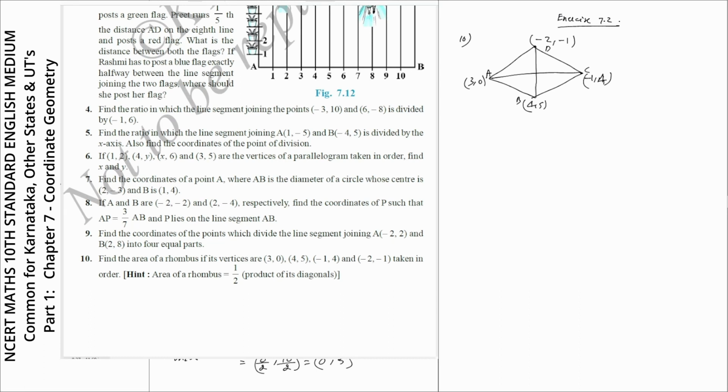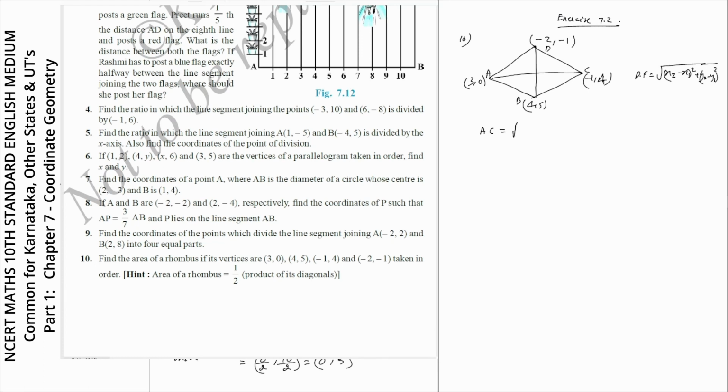Now what is the diagonal? Now AC is given by, what is the distance formula? Distance formula is equal to square root of x2 minus x1 the whole square plus y2 minus y1 the whole square.